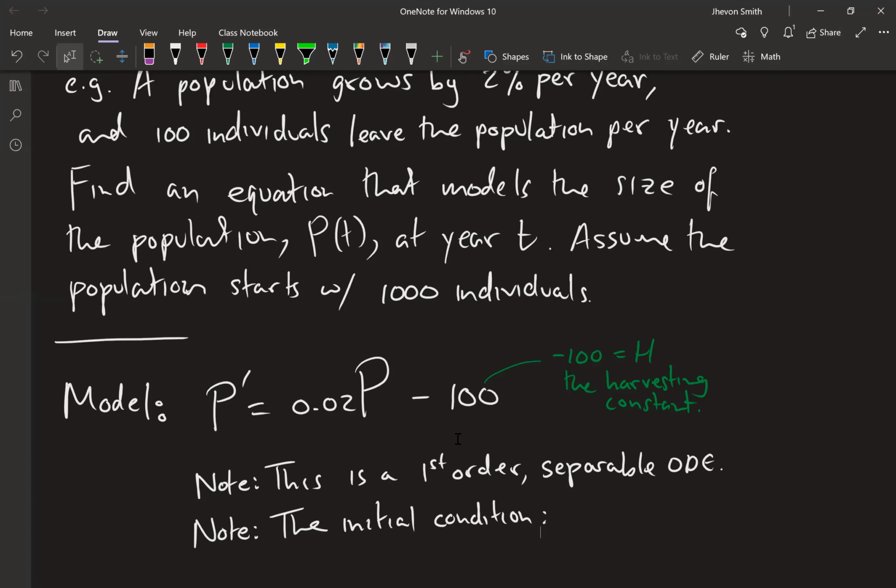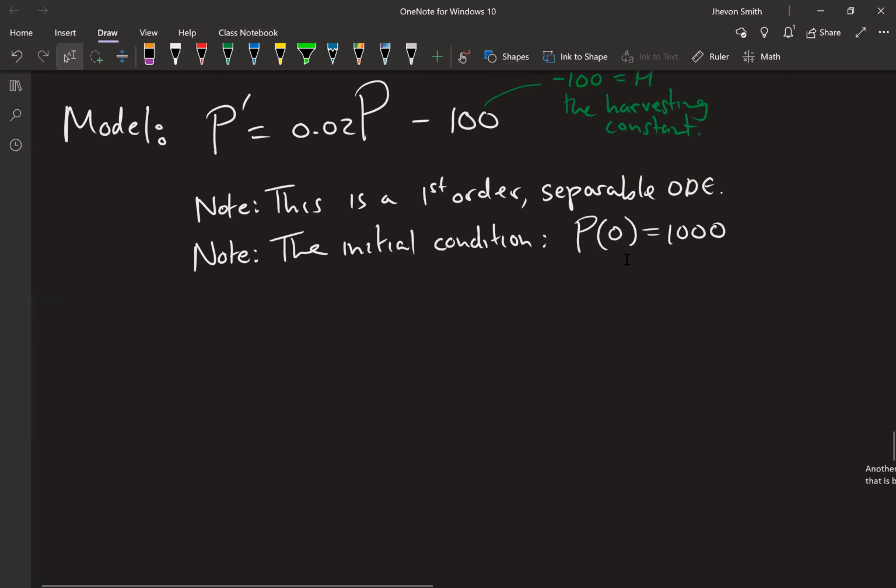So remember, the initial condition is an equation that tells you about the value of the function at some point in time. We can think of the start as time 0. We start with 1,000 individuals in this population. Okay. So now, all right, how do we go about solving this? So if I have p prime equals 0.02 p minus 100, how do I solve that?